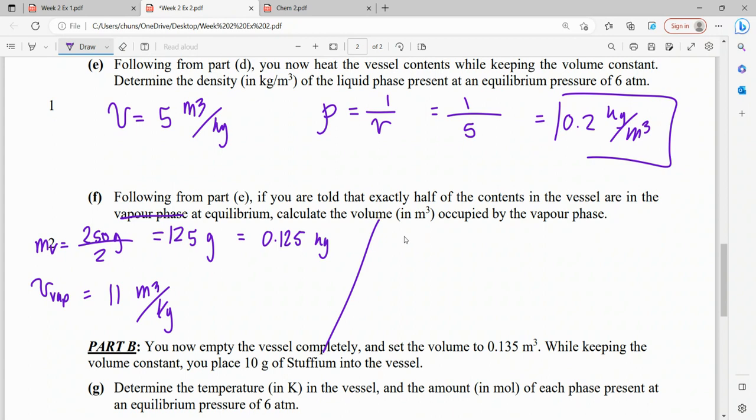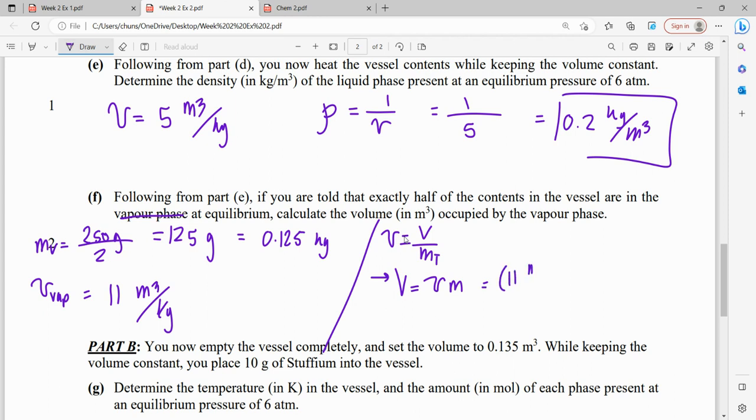And we know that specific volume is volume over mass total, or mass of whatever phase that we're working with. So that means our volume is our specific volume times our mass.